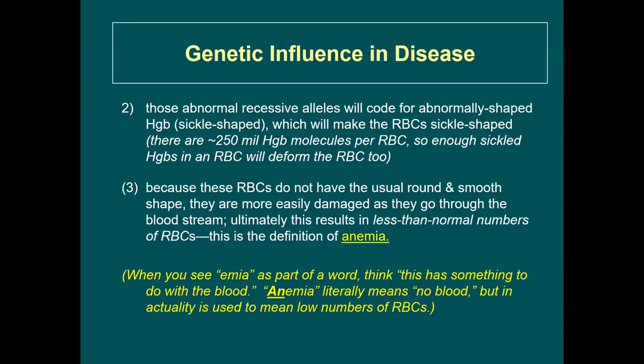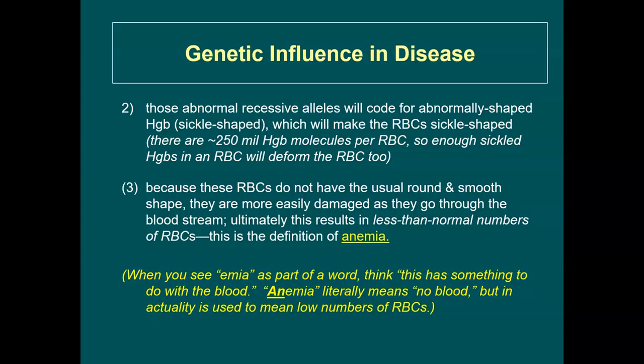Because the red blood cells are now sickled and not their usual round, smooth and pliable shape, they are more easily damaged as they go through the bloodstream. Not so much in the big blood vessels, but when they go down to the smaller blood vessels, these red blood cells become damaged and destroyed, and therefore the individual with sickle cell has anemia. Anemia means that they have fewer than normal red blood cells.